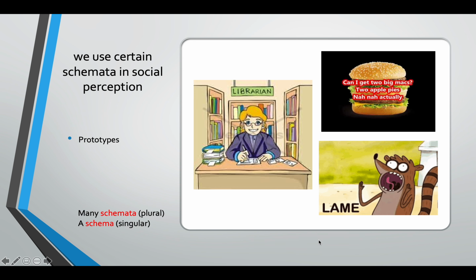There's a word, stereotypes, which is like taking prototypes but making them negative or cultural. And stereotypes, we tend to think of them as trying to explain the behavior of individuals by their group membership.